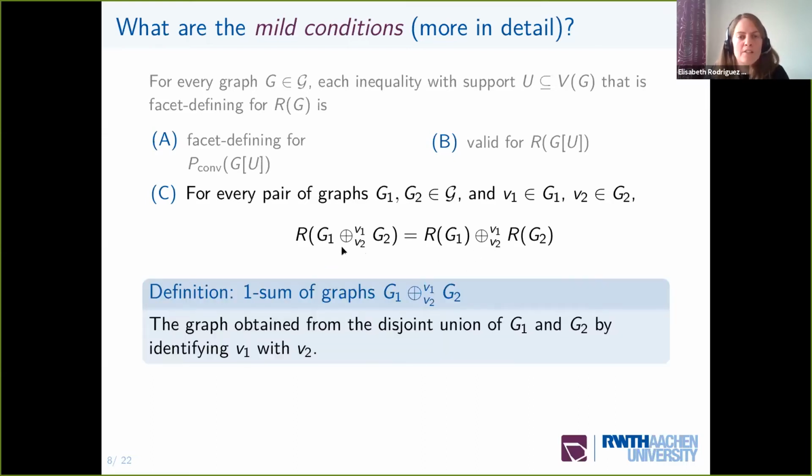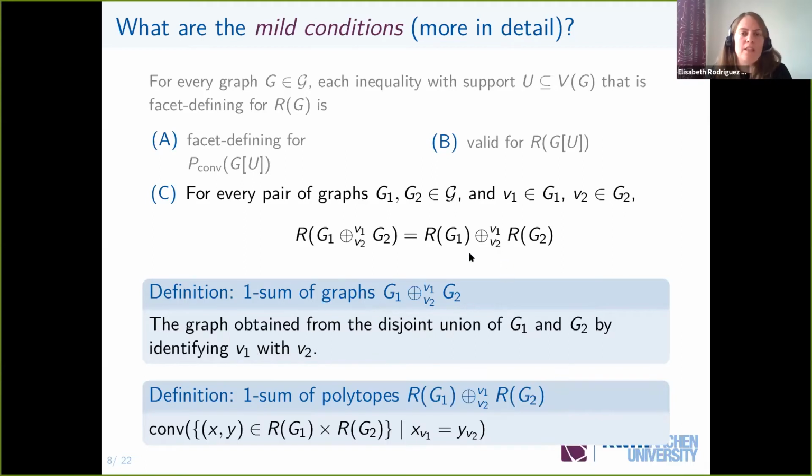So when we apply this one sum operation to graphs, we say that the one sum of G1 and G2 at nodes V1 and V2 is the disjoint union of the two graphs, but where we identify V1 and V2.